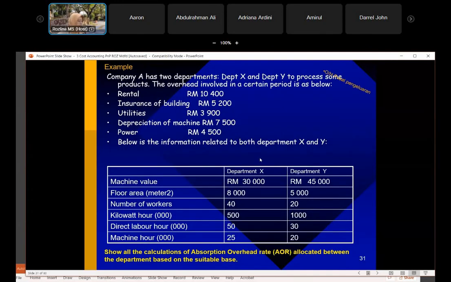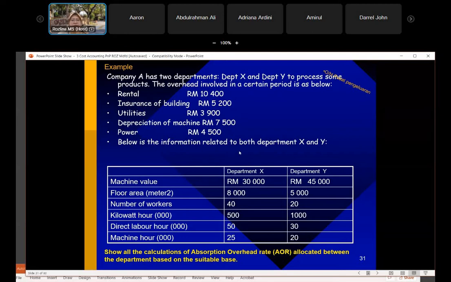Okay, for example, company A has two departments, department X and department Y, to process some products. The overhead involved in a certain period is as below. Let's say company A has the rental with this amount, insurance of building, utilities, depreciation of machine, which is considered as expenditure, and power.